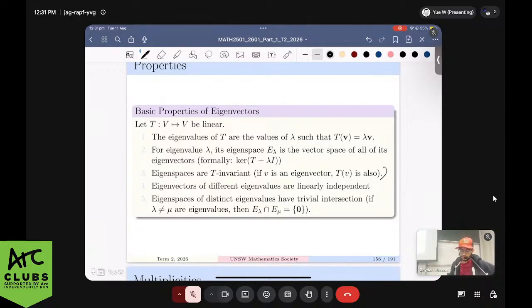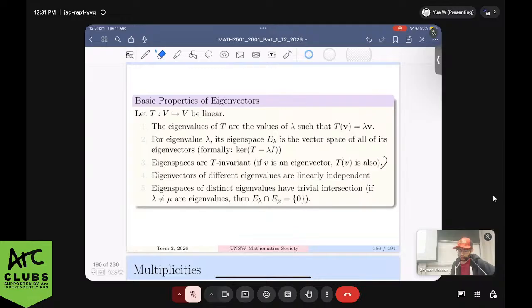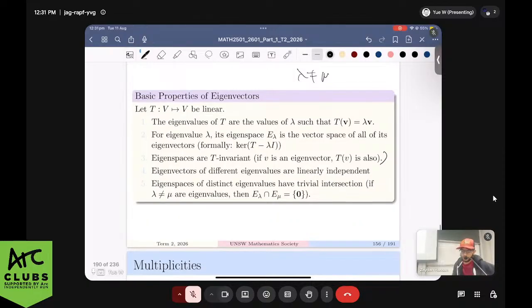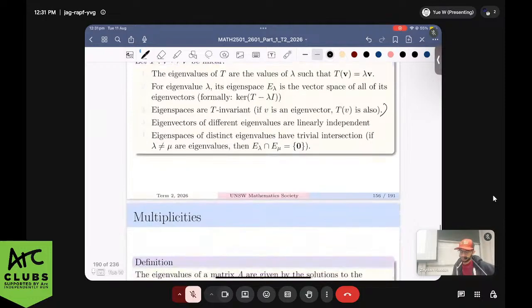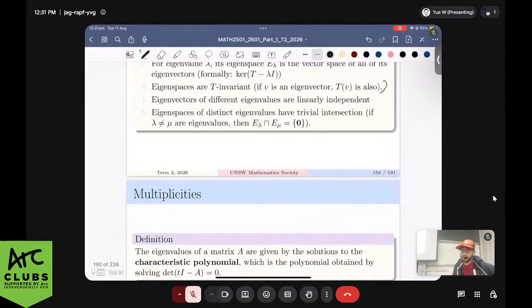So that means if lambda is not equal to mu, then any lambda eigenvector will be independent from any mu eigenvector. Also, distinct eigenspaces have trivial intersection.